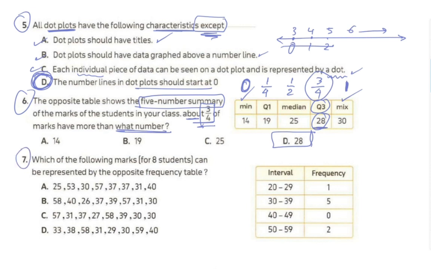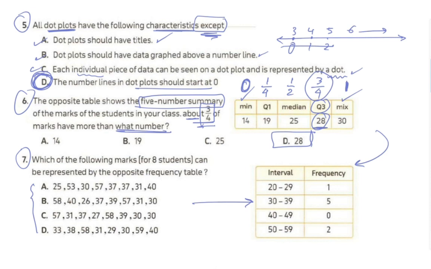Point 7. Which of the following marks for each student can be represented by the opposite frequency table? I have this table, and I have 4 groups of numbers. Which one is correct for this interval and frequency table?